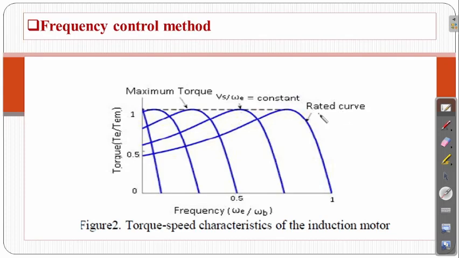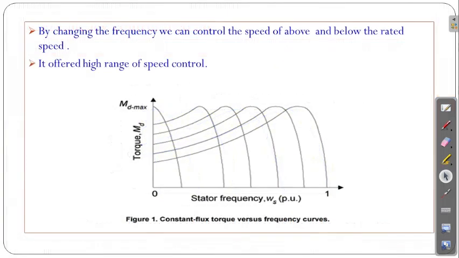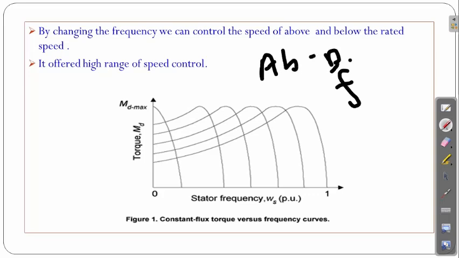We call this the rated curve. By changing the frequency, we can control the speed above and below rated speed. Above rated, below rated.